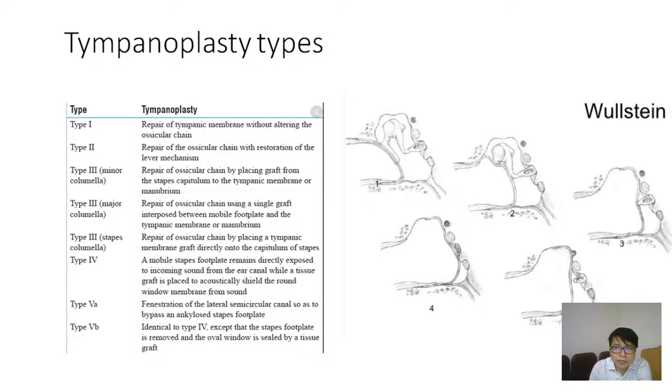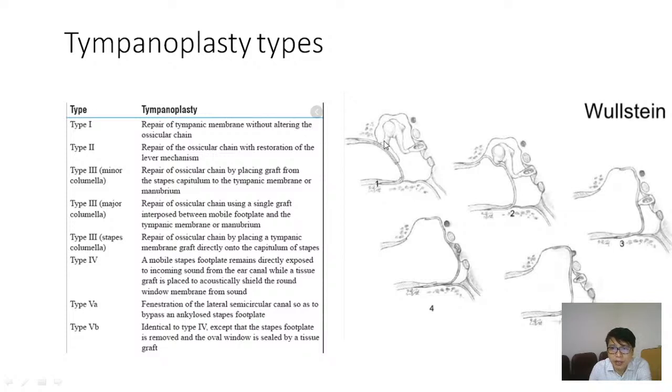There are 5 types as classified by Wullstein. In this diagram, this is the malleus, this is the incus, and this is the stapes, with the footplate in the oval window, and inferiorly this is the round window. Here we see the facial nerve canal.